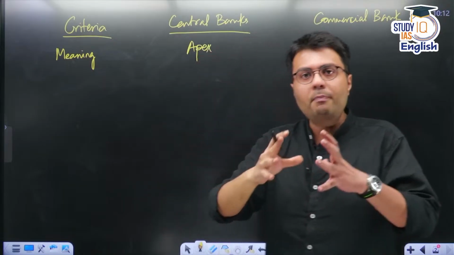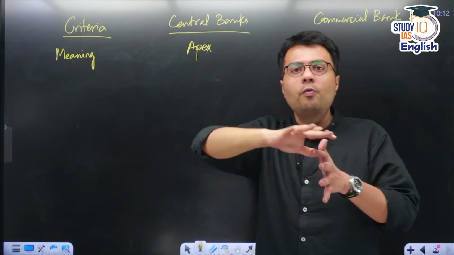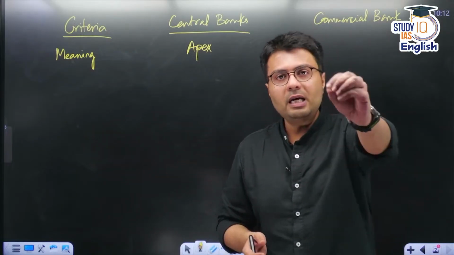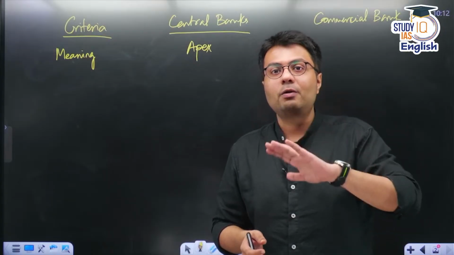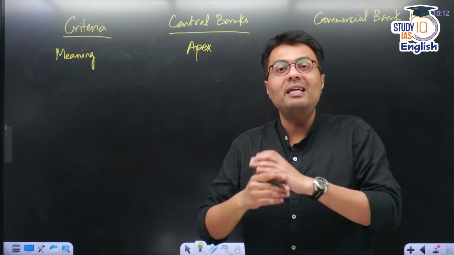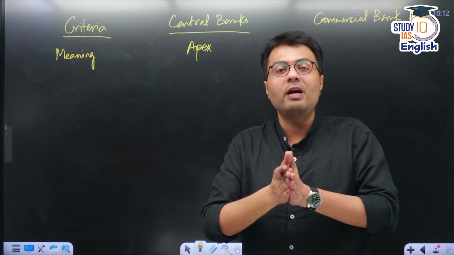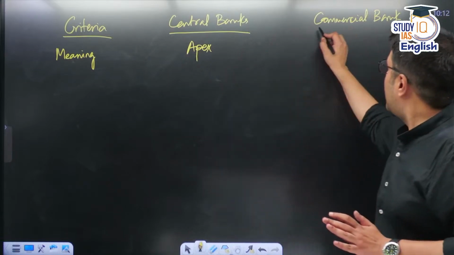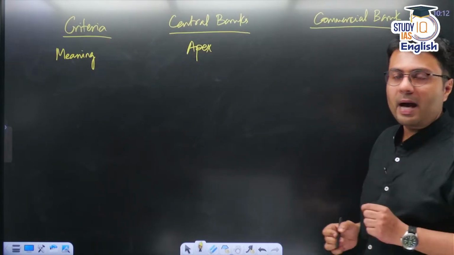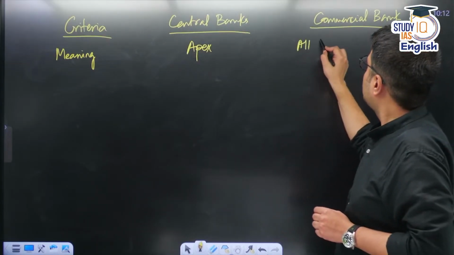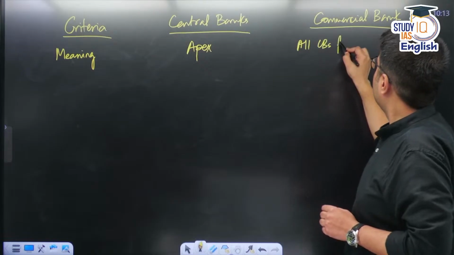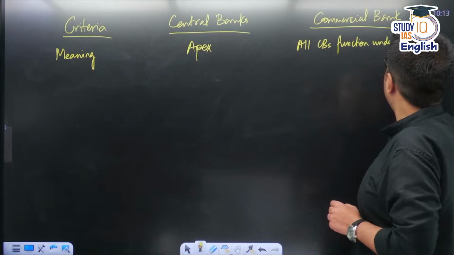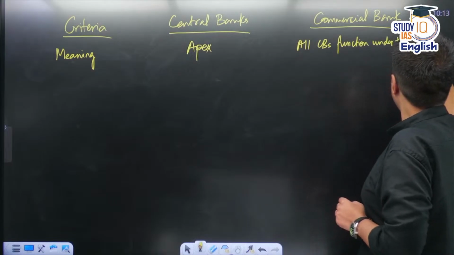Just like you've heard of the Apex Court of India, the Supreme Court, it oversees the management and working of all the other courts in the country. Similarly, RBI is the apex bank of India. Being the central bank, RBI is responsible for regulation of all the commercial banks in India, which means all commercial banks function under the central bank, right?